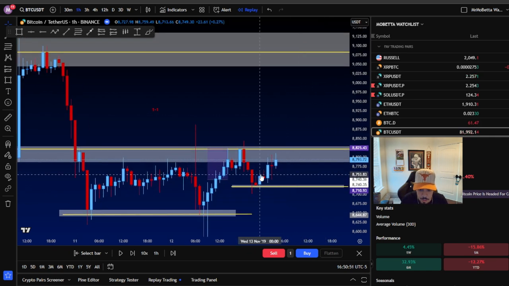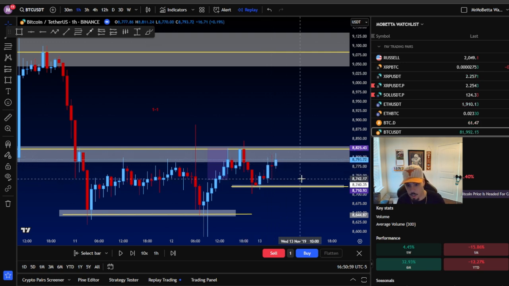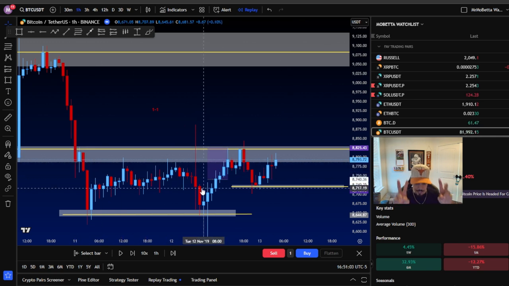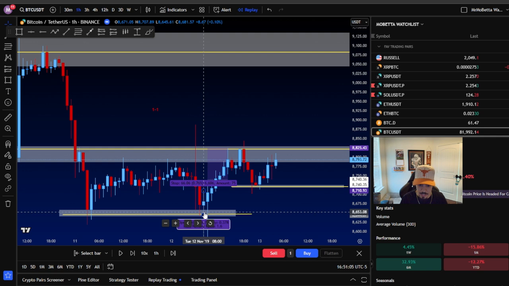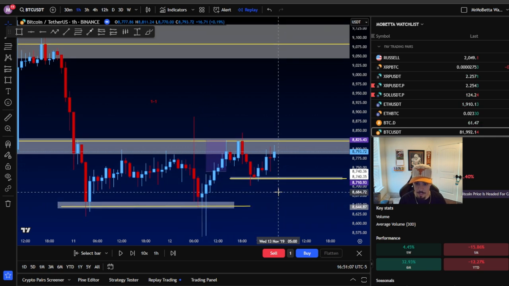Okay, and we are still making higher highs, higher lows, higher high, higher low, right? So the uptrend is still in consolidation, but technically uptrending since about the 86.50 area.